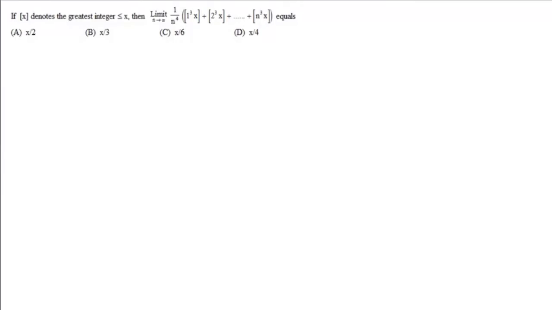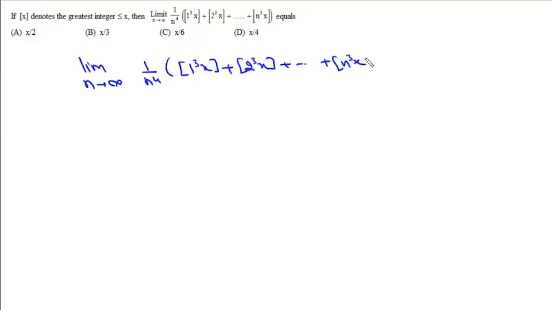Now here the question is, if this box represents greatest linear function, then we need to find this limit, which is limit n tends to infinite 1 upon n to the power 4, and then the greatest linear function of 1 cube x plus 2 cube x up to n cube x.